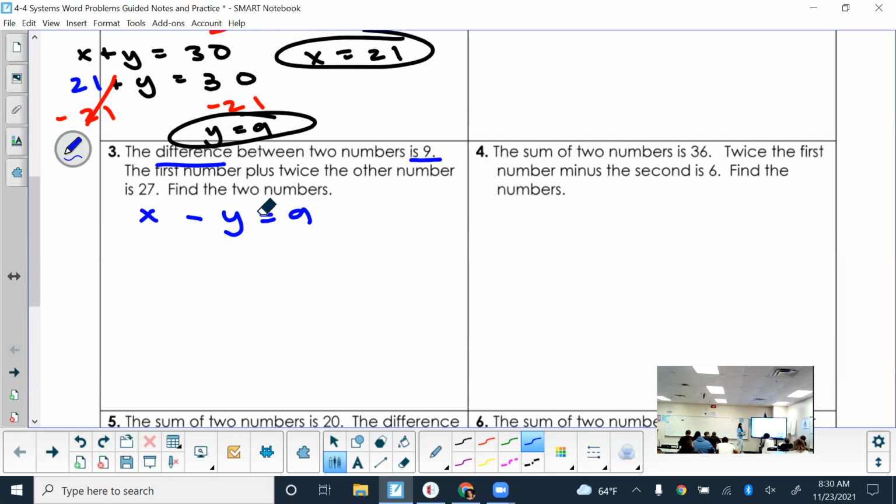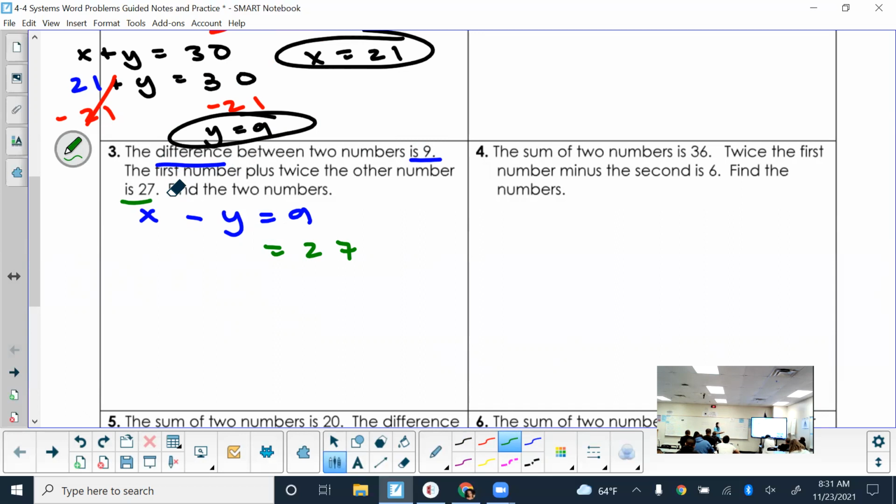All right, so then the first number plus twice the other number is 27. If you're having trouble about where to start, I think starting with the totals works, because usually any totals are right next to equal signs, right? So is 27. And on the other side, it's the first number.